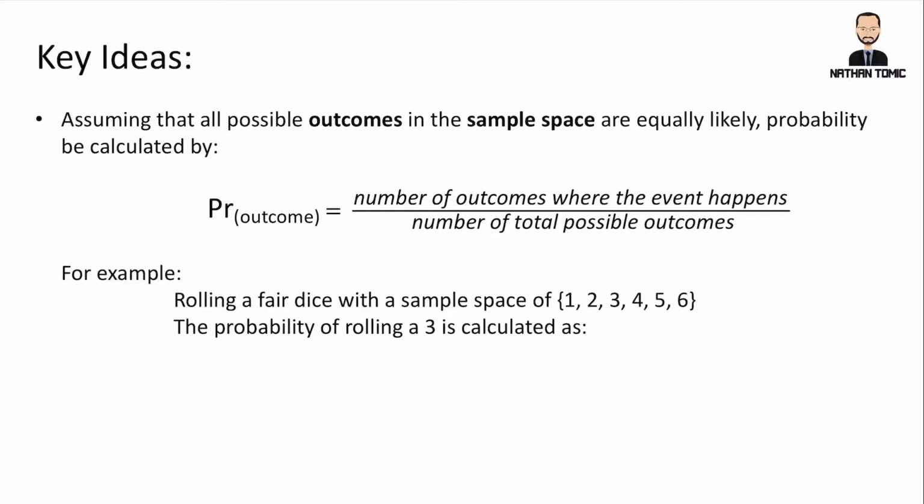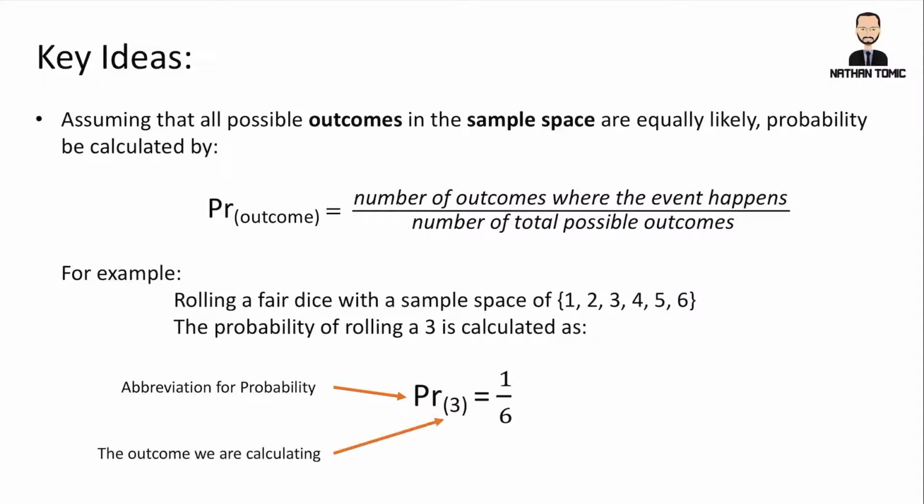So the probability of rolling a 3 is calculated like this, where probability of 3, so we show that as P R with the bracket 3, so that's the outcome we're looking for, is equal to how many times that can happen in the sample space divided by the size of the sample space. Here PR is just the abbreviation for probability, and 3 is the outcome that we're trying to calculate. So we look in our list of the sample space and we see there's only one number 3 in there.